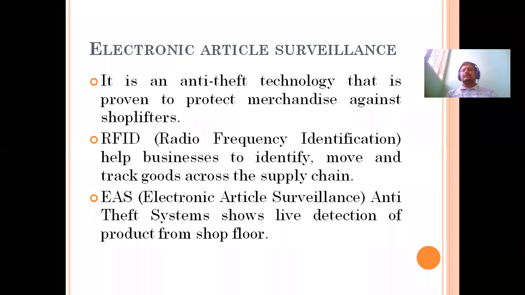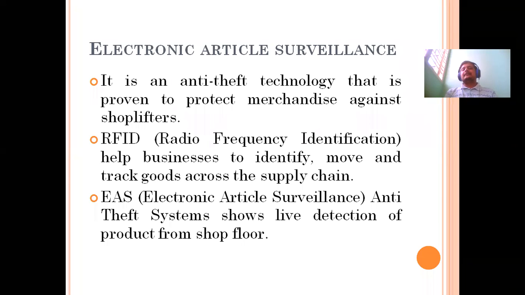Currently, most of the stores, most of the companies, are using it against physical theft of any kind of product from the store. Okay, so they are going to fix it to that particular product, and that product can be taken back with that article, which is fixed with that coded thing, the RFID thing.